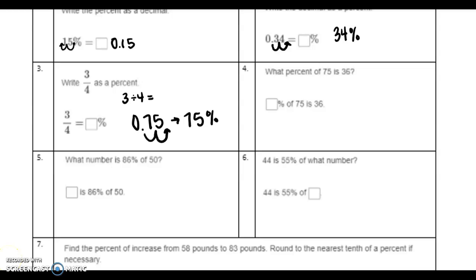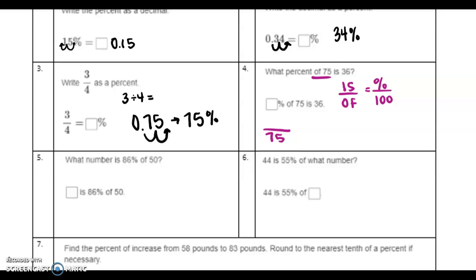What percent of 75 is 36? This is when we use is over of is equal to our percent over 100. So of 75, so 75 goes on the bottom of our fraction.